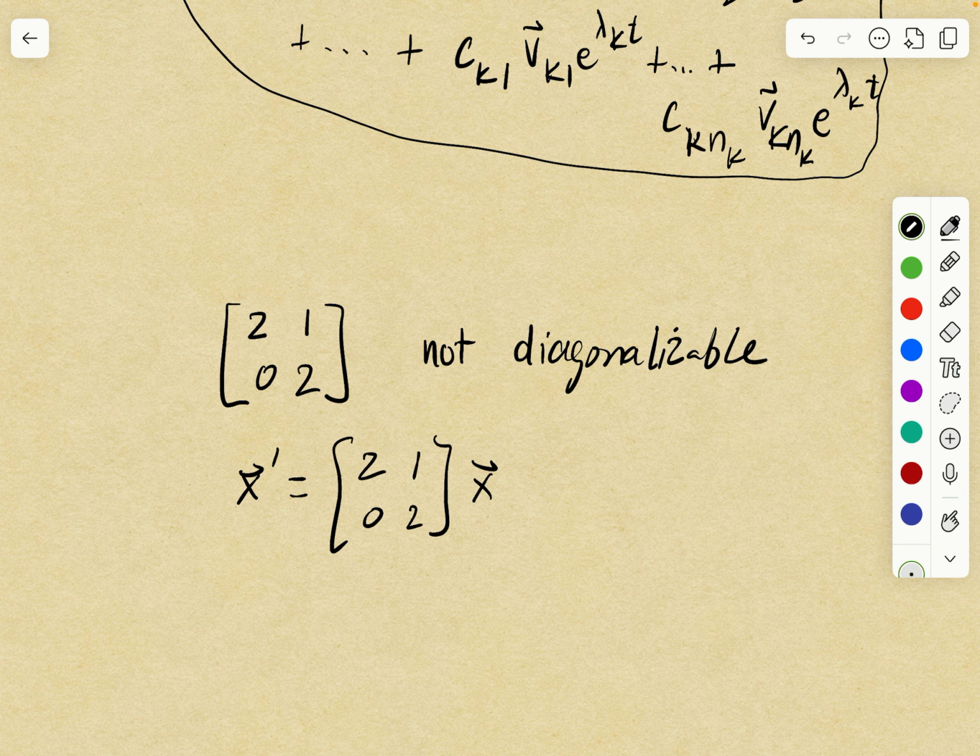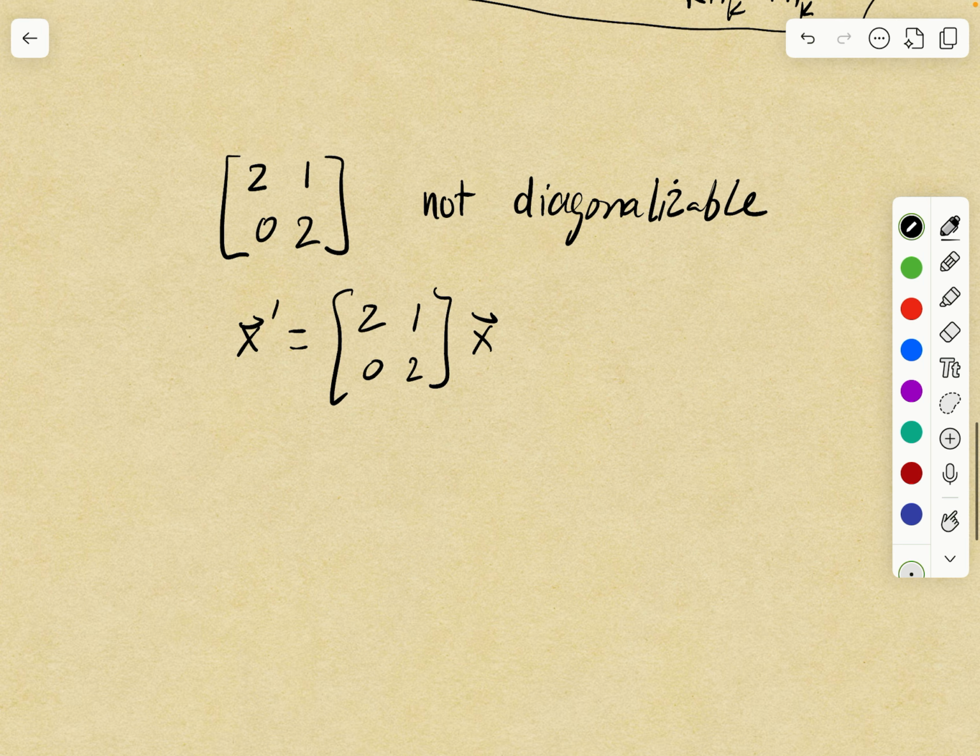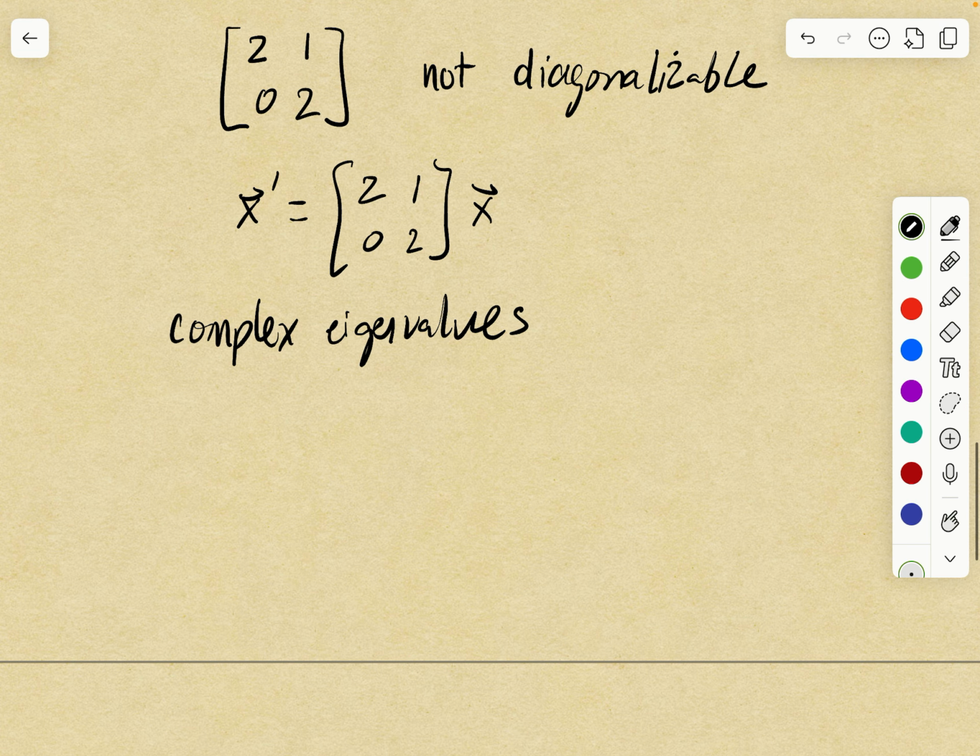But I also have to go over a bit about complex eigenvalues. You can have complex eigenvalues where your matrix is diagonalizable, but you might have to work with complex entries. For instance, the matrix where the first column is (0, 1) and the second column is (-1, 0). This is a very classic example. This is a rotation matrix, which rotates by 90 degrees.